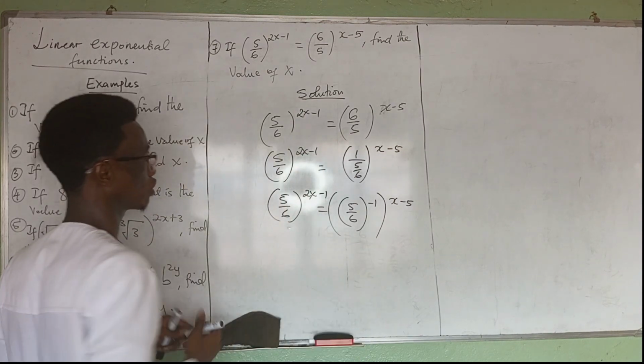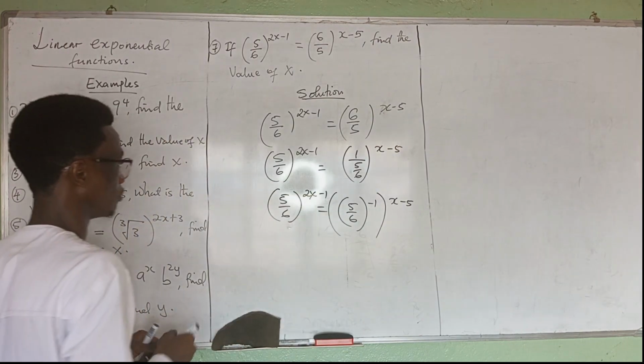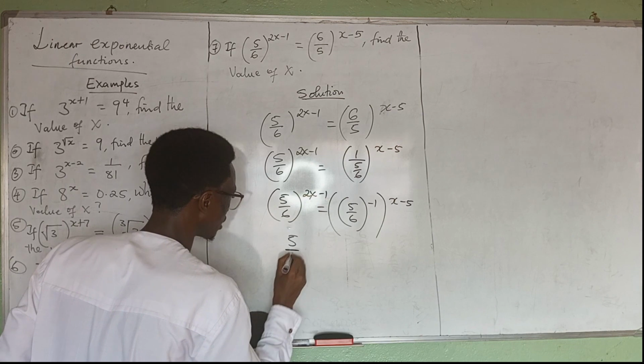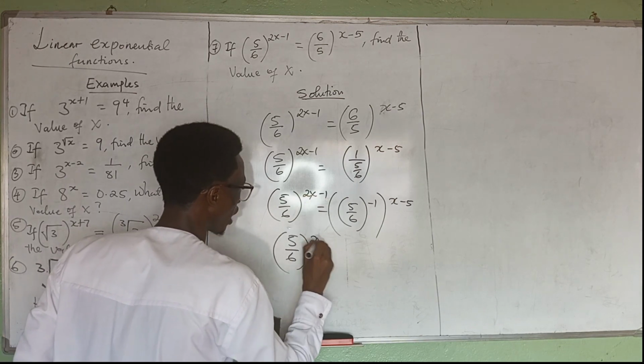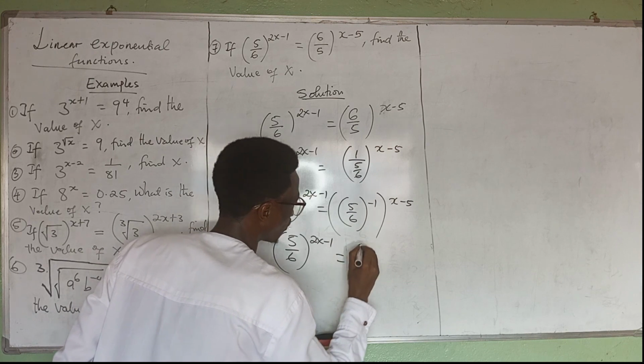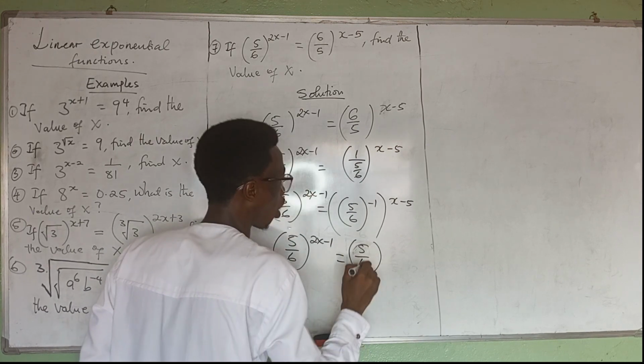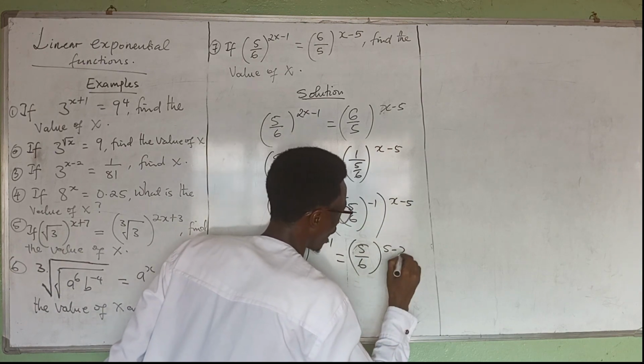Now, the next thing: when a power is raised to a power, we multiply them. So this becomes (5/6)^(2x-1) equals (5/6)^(5-x).